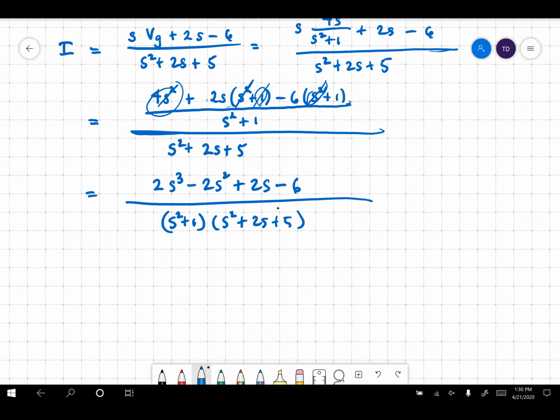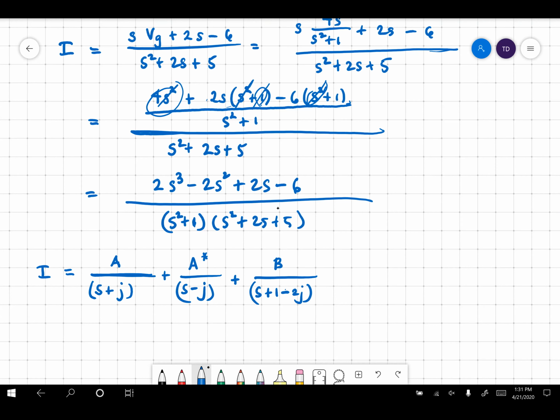All right, now what do we have to do to find I? Partial fraction expansion, right? So A over S plus J, plus A conjugate over S minus J, plus B over S plus 1 minus 2J.